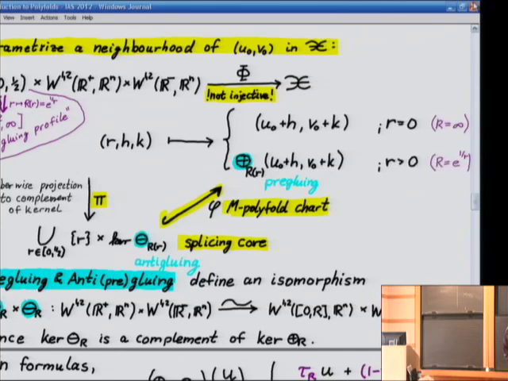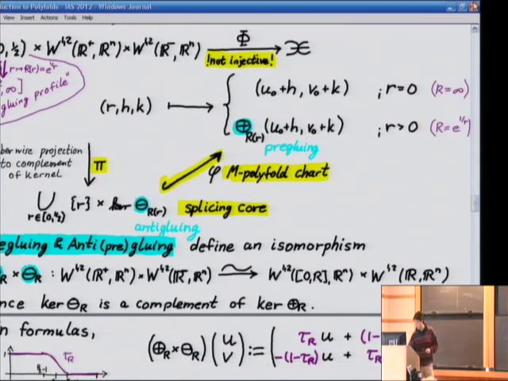But as soon as my gluing parameter is non-zero, I will want to restrict to some subspace on which it's injective. This should be a complement of the kernel of the plus gluing operator. And there's going to be a minus gluing that's just complementary, so I can take the kernel of the minus gluing as this complement.